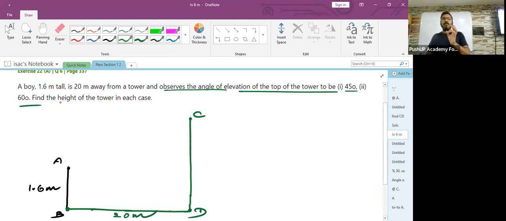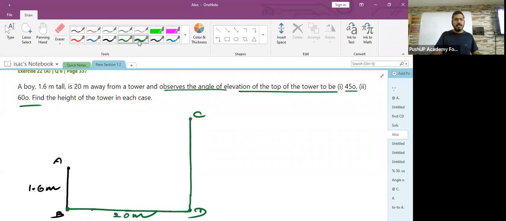All right. So we will go individually, children. First, let us imagine that the angle of elevation is 45 degree. We'll solve the sum and then we will come back to the second part, which is 60 degrees. We'll go step by step. Now, children, where is the eyes of the boy? At point A, isn't it? AB is the height of the boy, B is the foot of the boy, and A is the head of the boy.